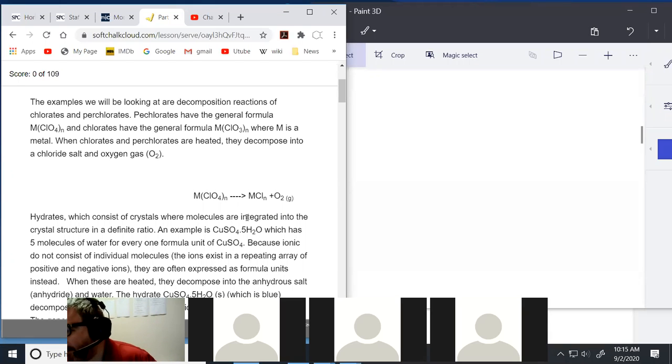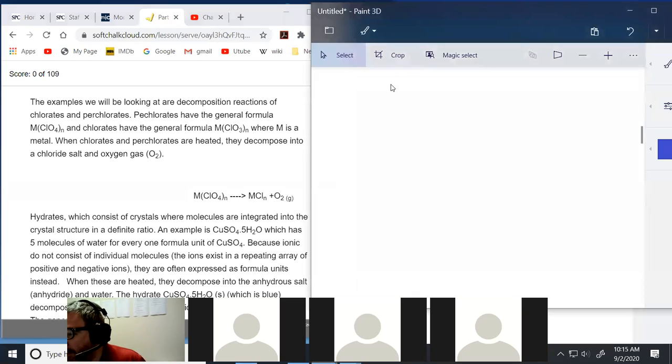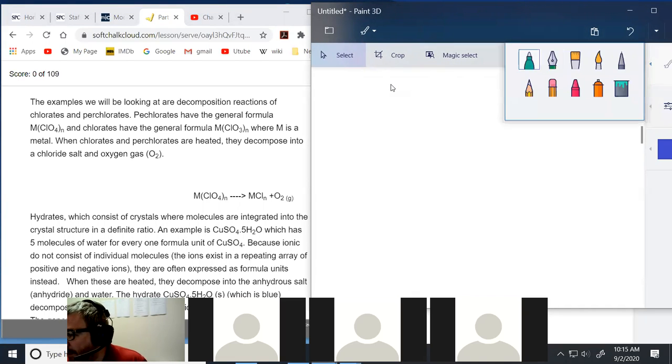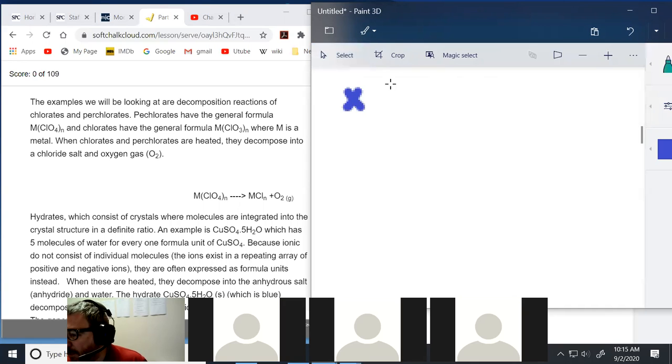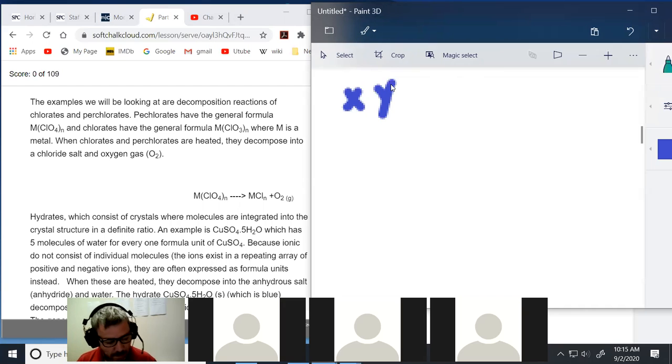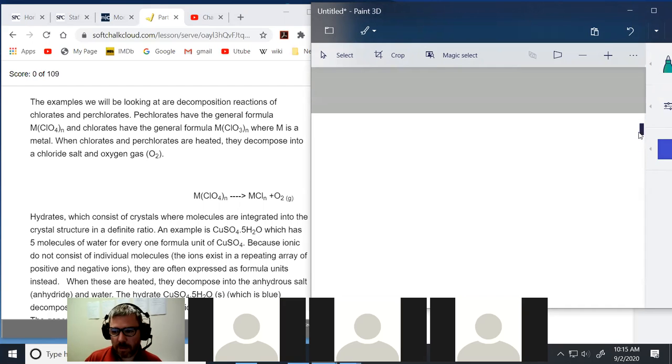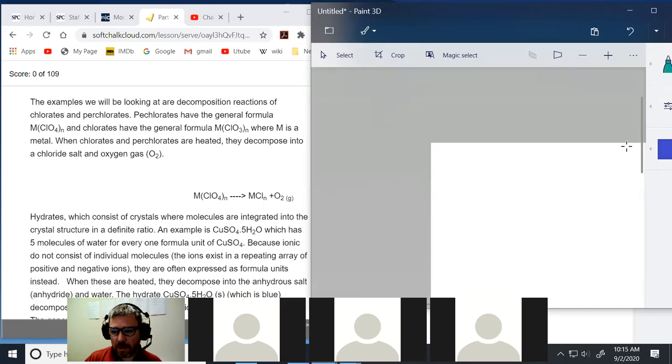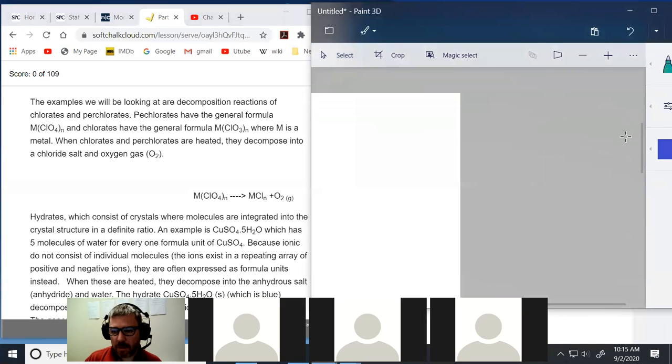Gotcha. All right, so the general formula of these, and I'm going to use X's here, and people don't usually like this, but I'm going to do it anyway. Whoops, what the heck's going on here? Oh, that's not what I want. I think this is stretched out here for some reason. This is not pleasant.